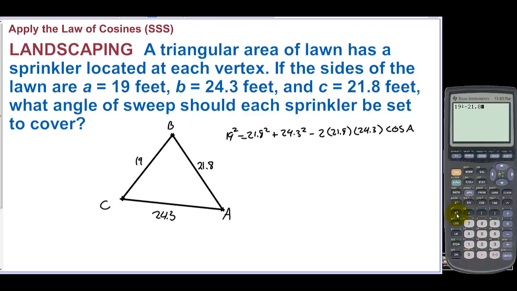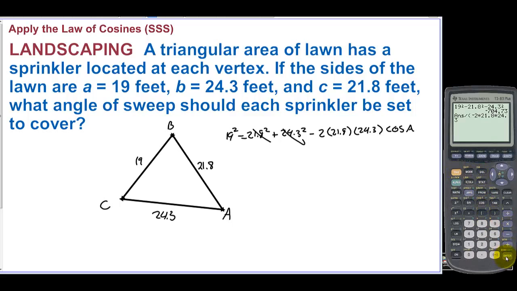and then we can minus the 21.8 squared, and we can minus the 24.3 squared. That takes care of those two, and we'll divide by this. So we divide by negative 2 times 21.8 times 24.3, but we need that in parentheses. Let me put parentheses over here.